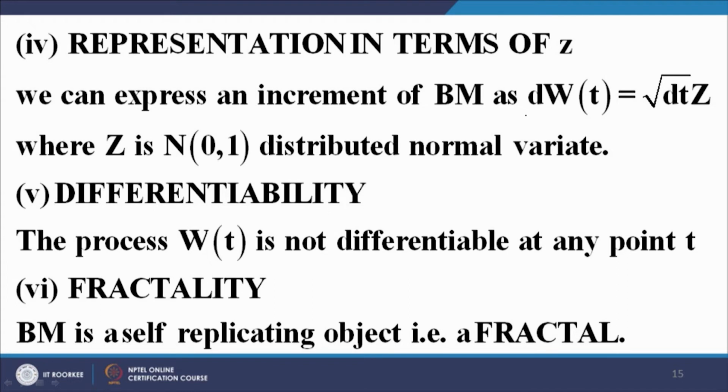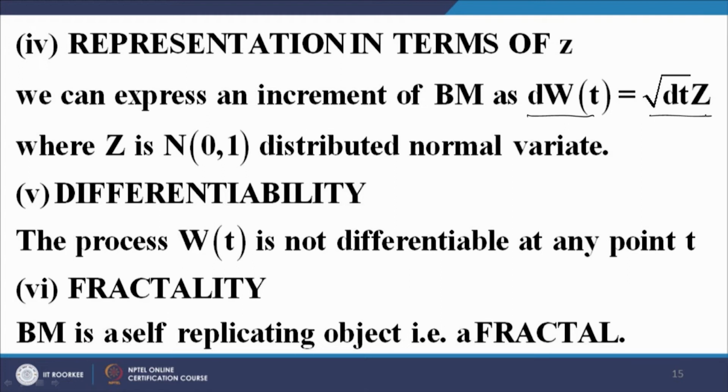Representation in terms of the standard normal variate z. We can write the infinitesimal increment dW t in the form of z times square root of dt. I repeat, we can write the infinitesimal increment of Brownian motion dW t in the form of z square root dt.